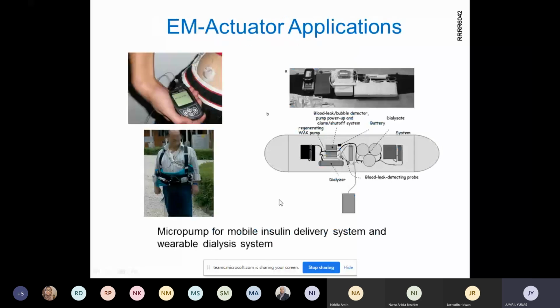This actuator can be used for many biomedical applications, such as a micro pump for drug delivery, to deliver insulin, or as a micro pump for a wearable dialysis system, and also as a micro speaker for a hearing aid.